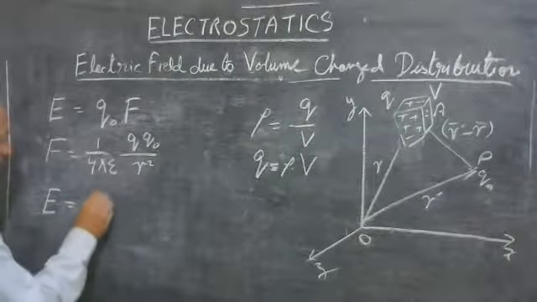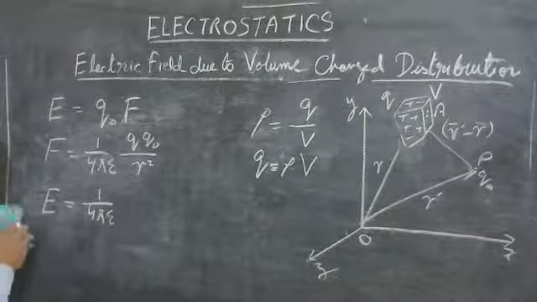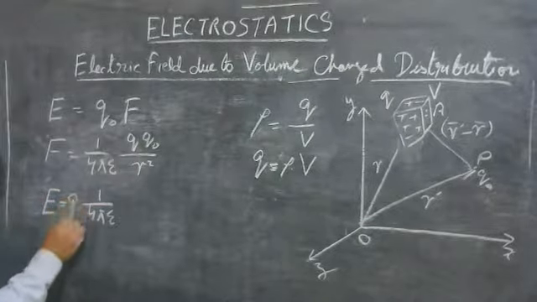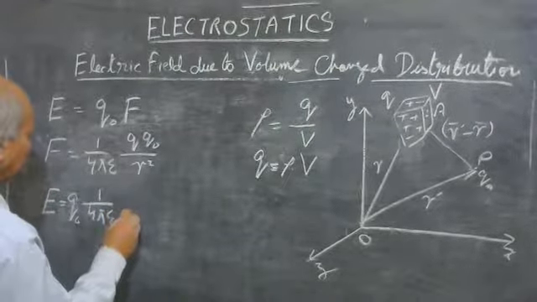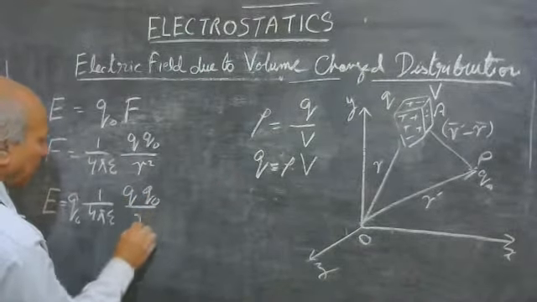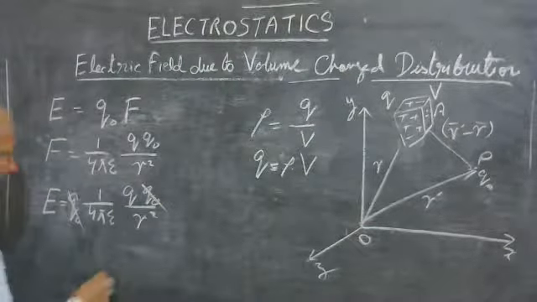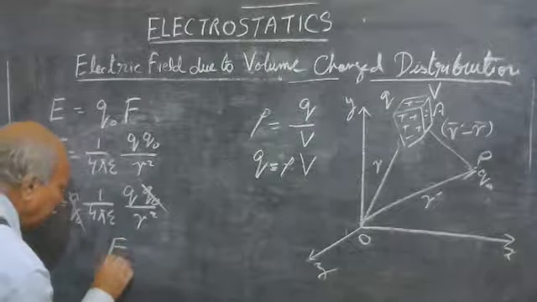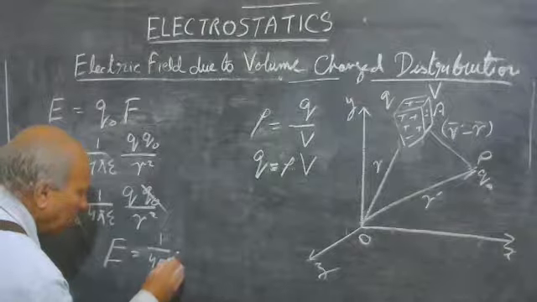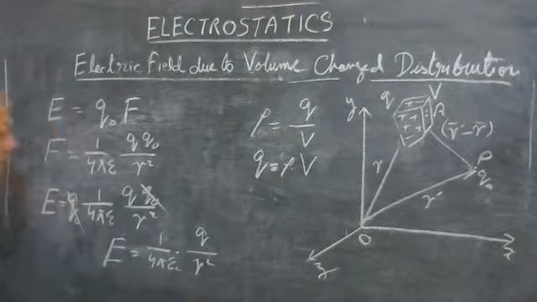Electric field is equal to 1 upon 4 pi epsilon naught. Here we place a unit charge Q naught, and this Q into Q naught upon R square. This Q naught will cancel. Then electric field E is equal to 1 upon 4 pi epsilon naught Q upon R square.